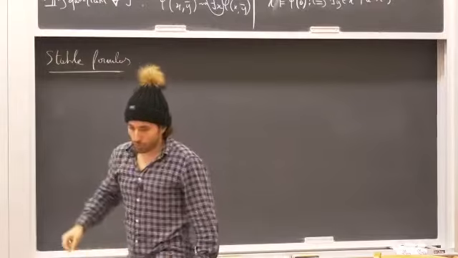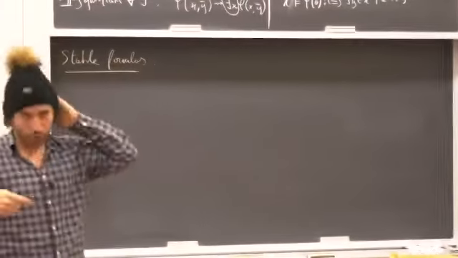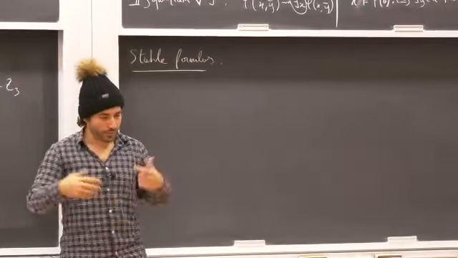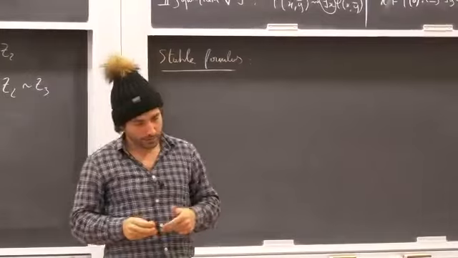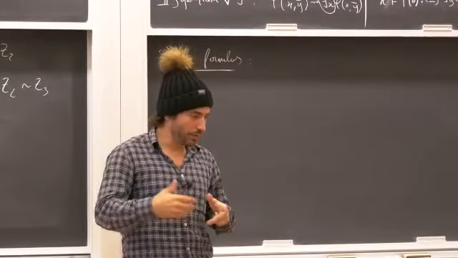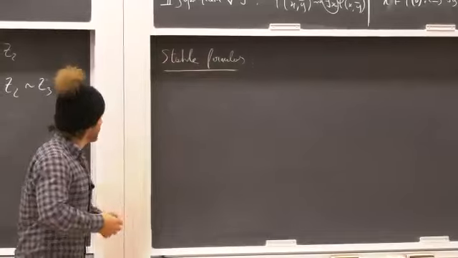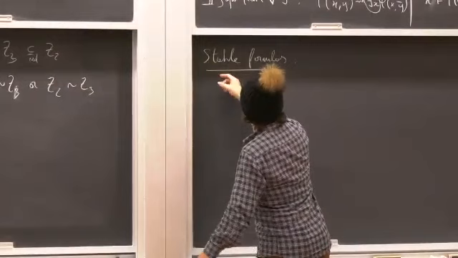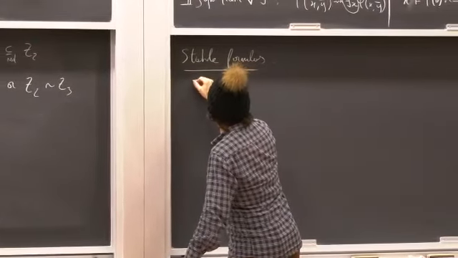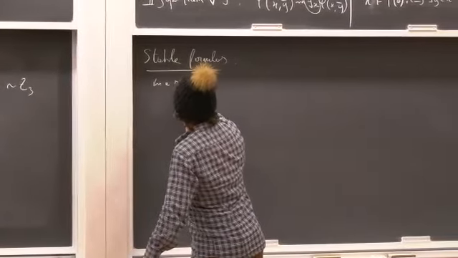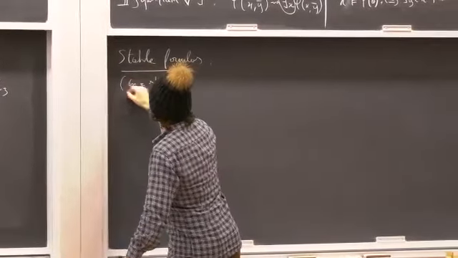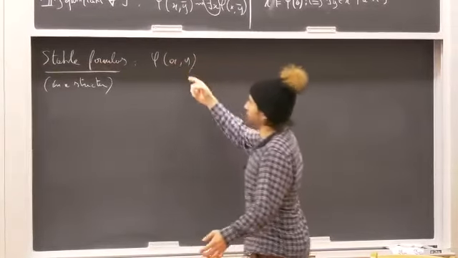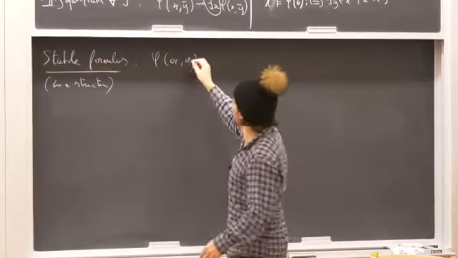I will give an almost definition, because I didn't define exactly how model theory is interested in the whole theory of a given structure. So I will give a loose definition of a stable formula in a structure. It's a formula phi of x, y, so I have two tuples of variables.